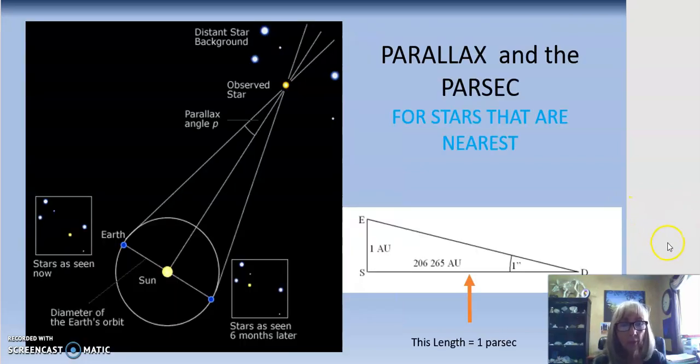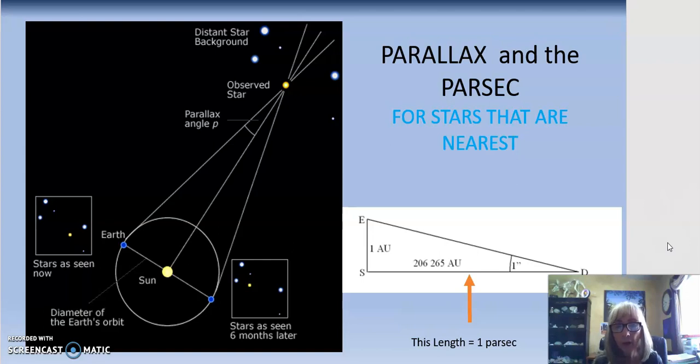All right, so one of the ways that we calculate distances in space is using parallax. If you remember, parallax is the angle that we see in the sky. In the lower picture, where it shows Earth, there are two blue blobs. On one side of the sun, we look up at the observed star, and we see a line from the Earth to the star, and it produces an angle compared to 6 months later when the Earth has orbited around the sun.